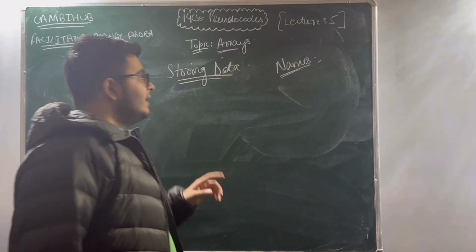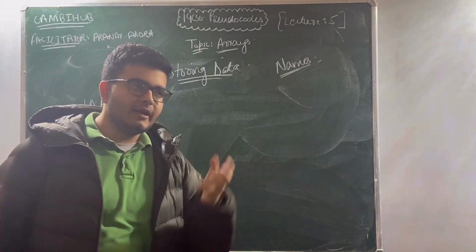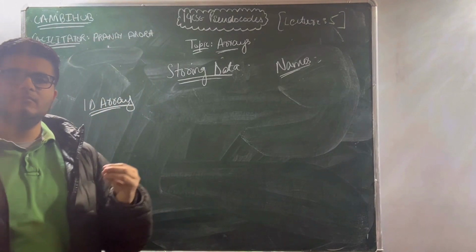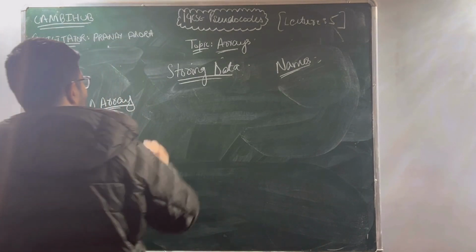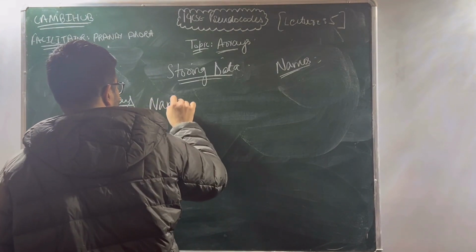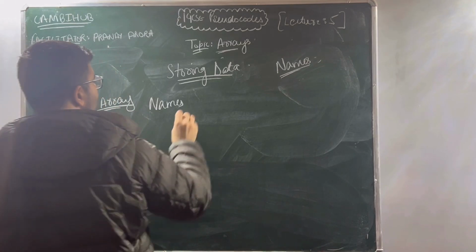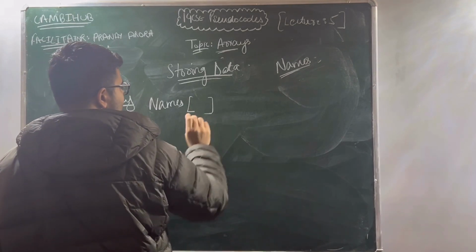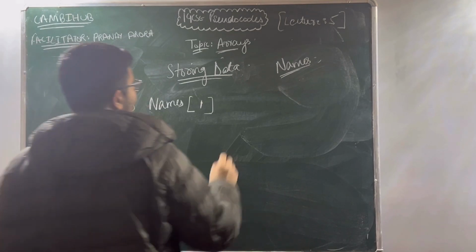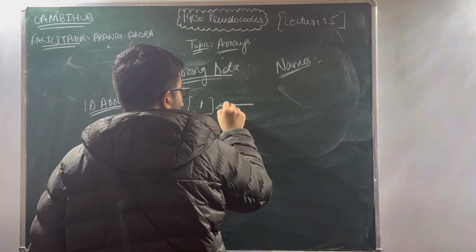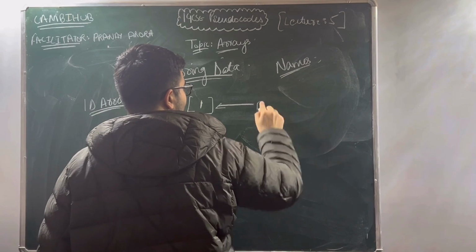In my first index, I want to store my name, Pranay. So I'll write names, and in square brackets, I'll write index number 1, because on the first index I want to store my name. Then an assignment arrow, right?